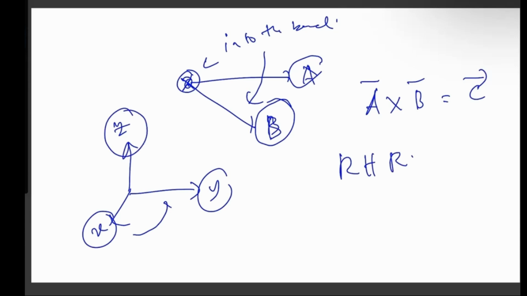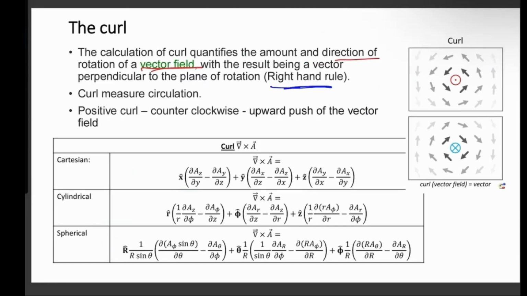So this is what we call curl. Use the right hand rule for curl. This curl is counterclockwise. Use your right hand rule: your fingers show the direction of this arrow, and your thumb will go up.